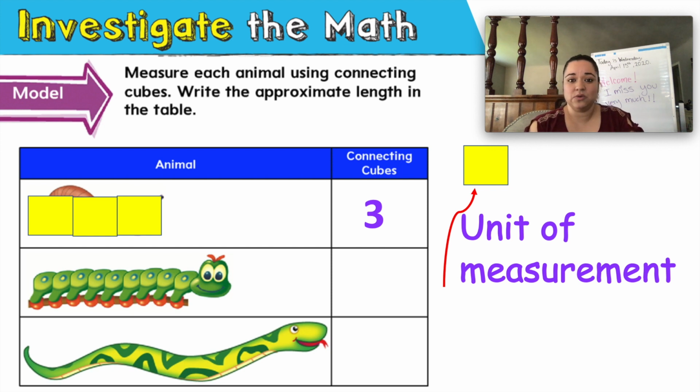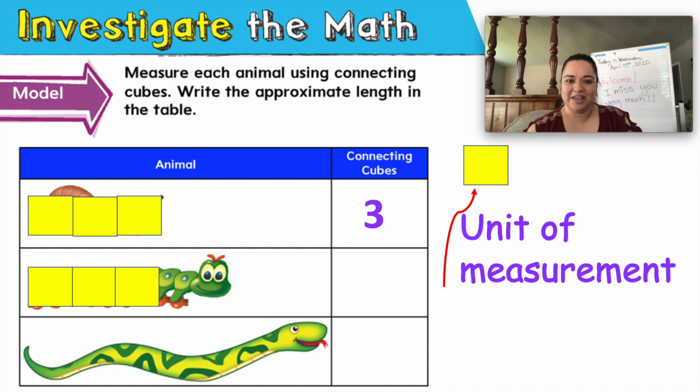Do you guys think it's going to measure more or less than the snail? More, right? It's longer than the snail. Look at it carefully. How many cubes do you think I'm going to need to measure the centipede? Let's check. 1, 2, 3, 4, and 5. So the length of the centipede is 5 cubes.